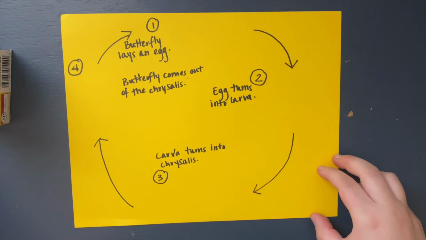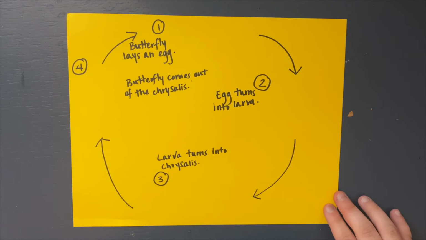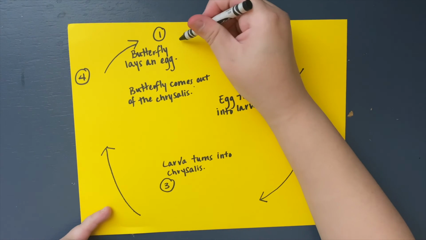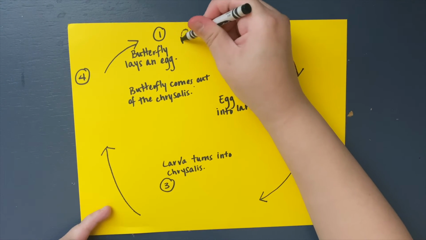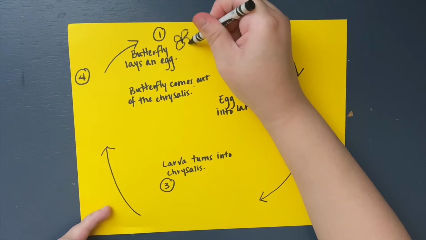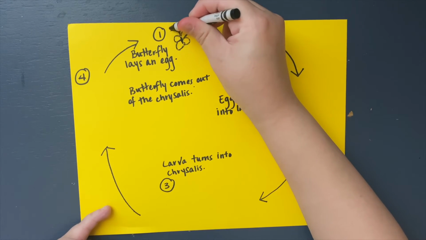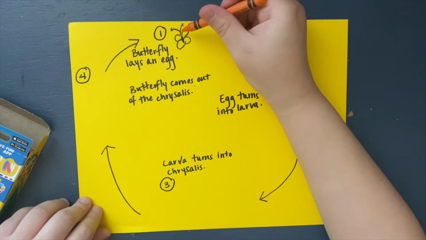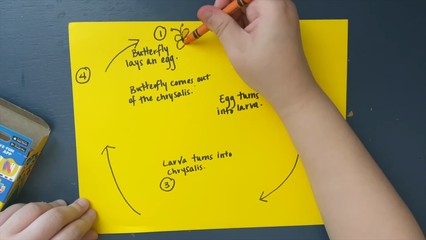And so what we're going to do is draw what is happening in each part of the cycle. So here I'm going to draw a butterfly. It could be any color. You can get creative with this. And I'm going to color it.